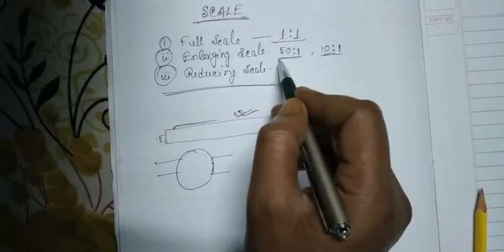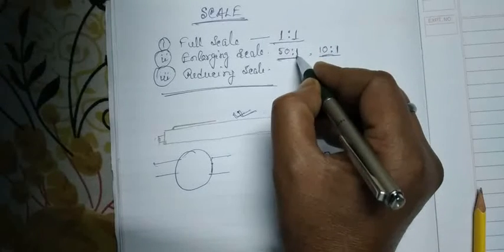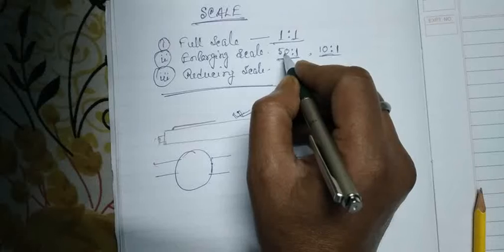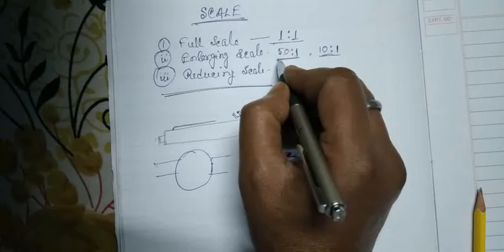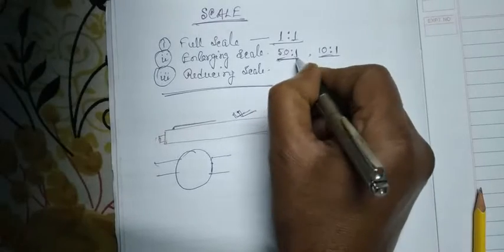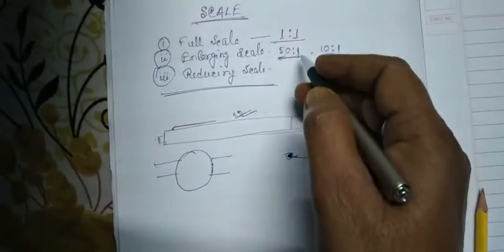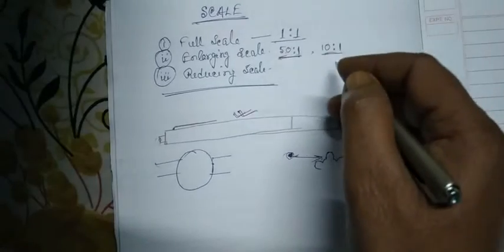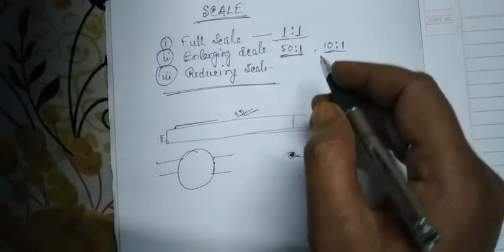Suppose 50 is to 1, meaning the original size of the object is 1, but the drawing size is 50 times. This is the drawing size, and this is the original size of the object. So here we are enlarging the object 50 times from its original dimension.